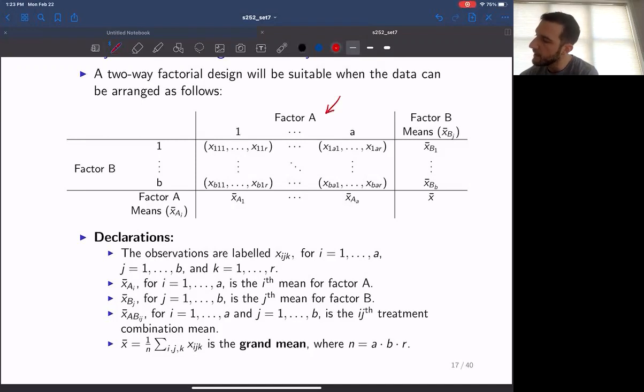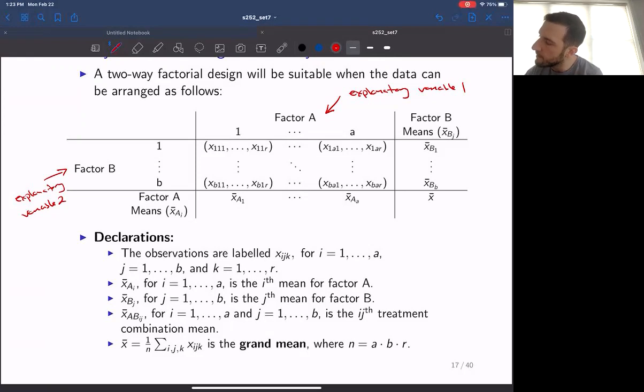We have factor A, which is explanatory variable 1, and factor B, which is explanatory variable 2. Factor A we designate as having little a levels, and factor B as having little b levels.